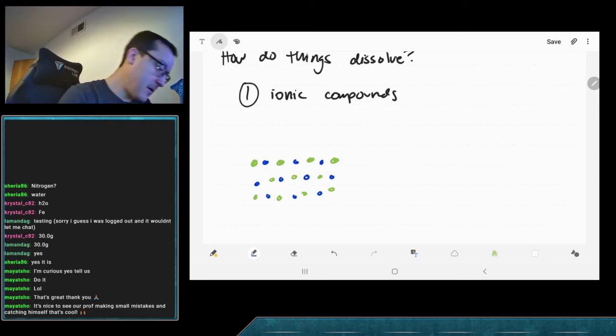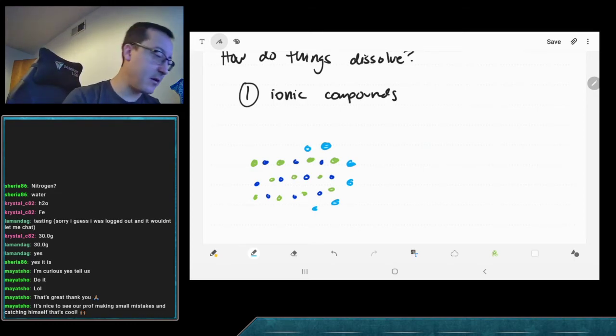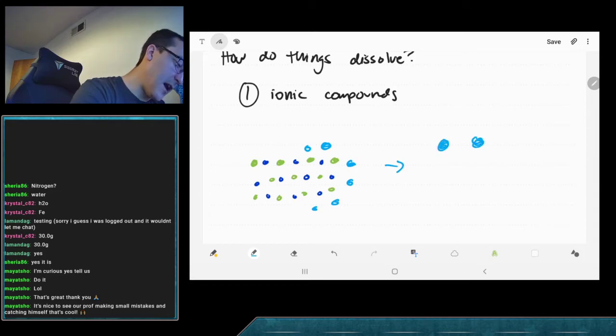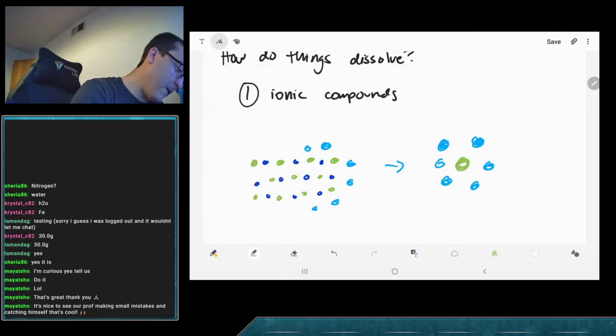Lovely crystal. The water molecules are going to come around it and pluck off little ions at a time. And we're going to have water molecules surrounding each of the ions.